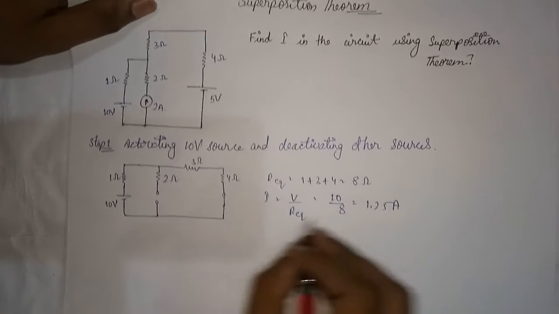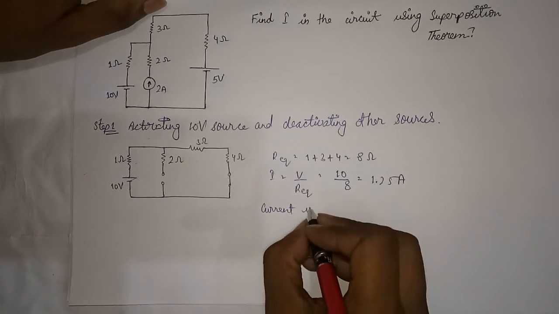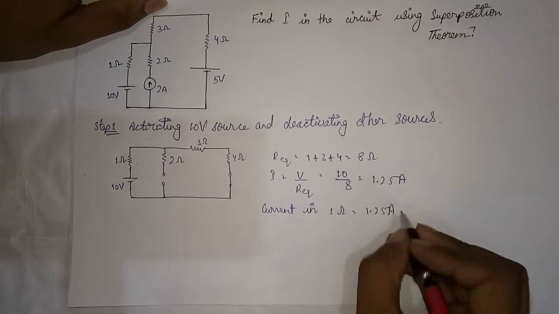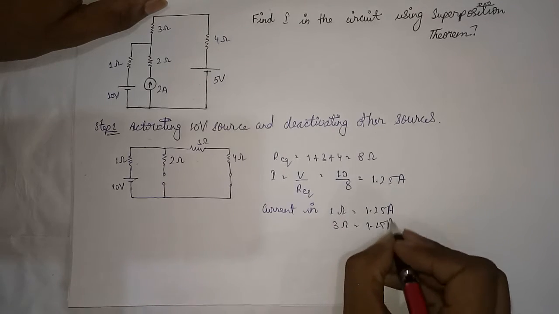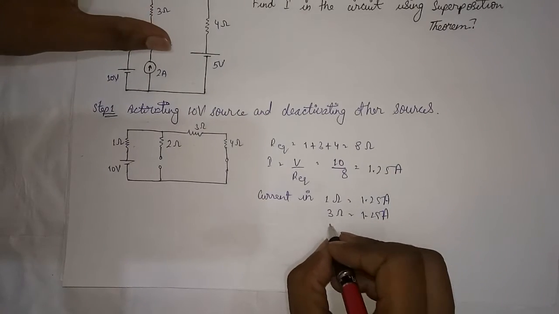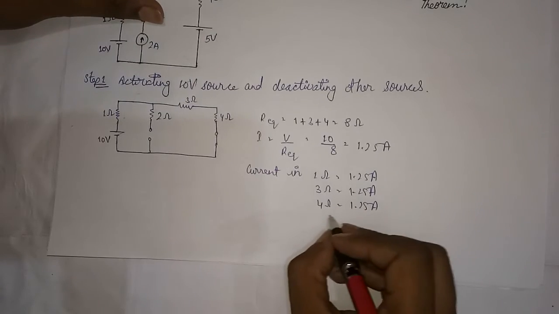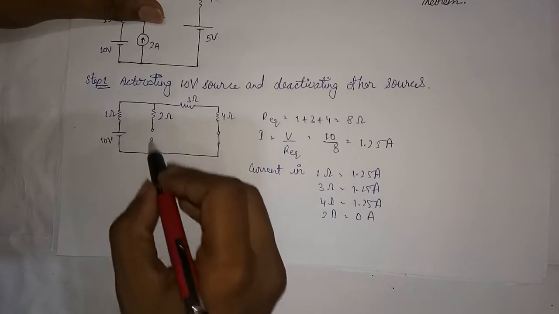Okay, now current in 1 ohm is 1.25 ampere, and same in 3 ohm we have 1.25 ampere, and in 4 ohm we have 1.25 ampere, and in 2 ohm we have 0 ampere because current doesn't pass through it.